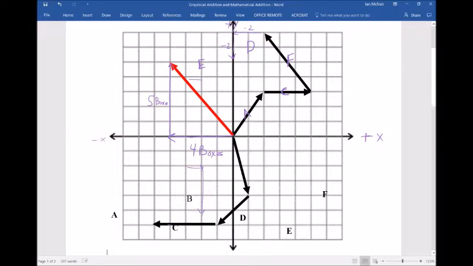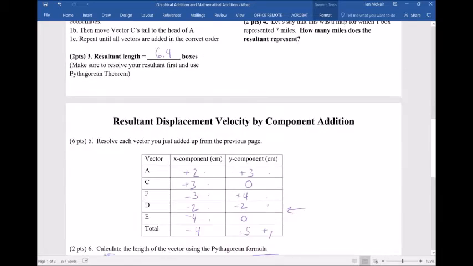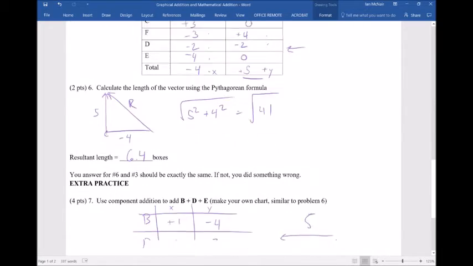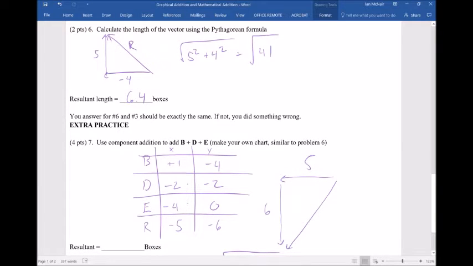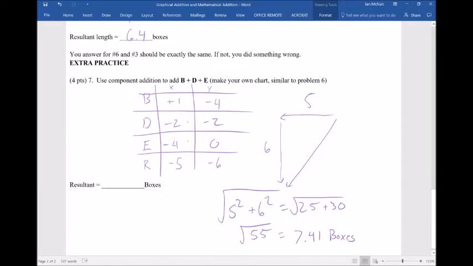We get our resultant, which is this guy right here. And we look at what we got. So we got 5 boxes in the negative x direction, and then 1, 2, 3, 4, 5, 6 boxes in the negative y direction. We look down here, and that is exactly what we got. So awesome. We're good to go then.